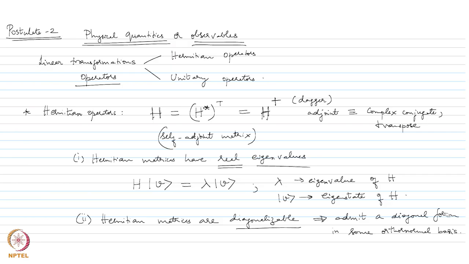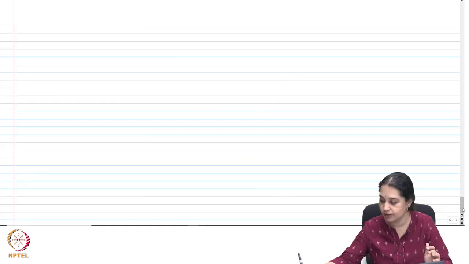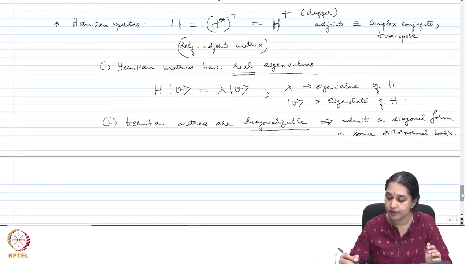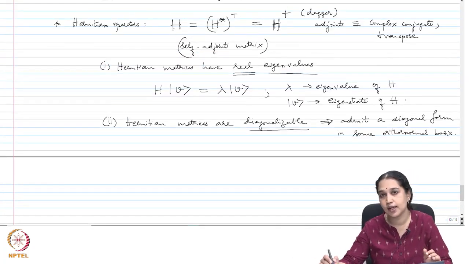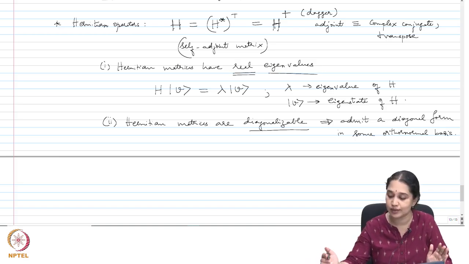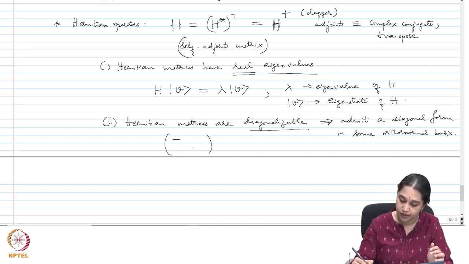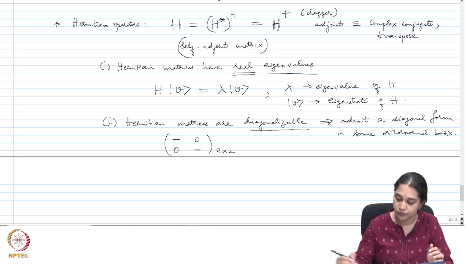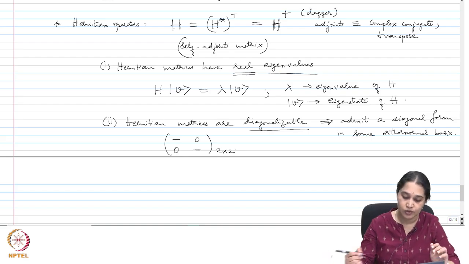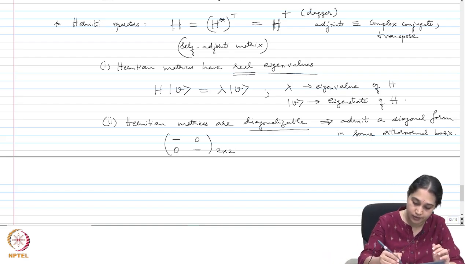And so the associated matrices that we will write for operators will also be associated with a particular basis, right? And we will see examples of this shortly. But the idea is that Hermitian matrices are such that there exists some orthonormal basis in which this matrix can be simply written as a diagonal matrix. Remember, a diagonal matrix is one which has entries only in the diagonal and nothing in the off diagonal. So, this is an example of a 2 cross 2 diagonal matrix, right. So, this is the first kind of operators that we will be interested in, Hermitian operators.